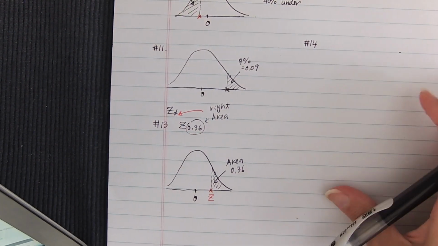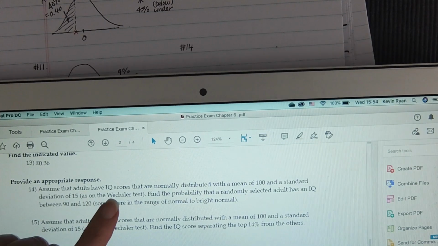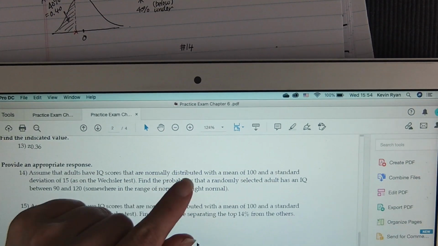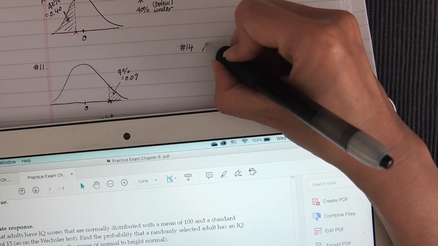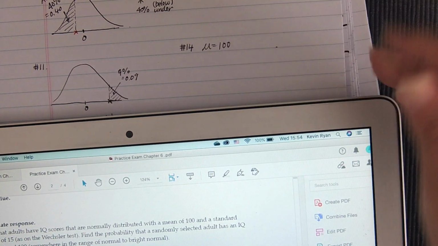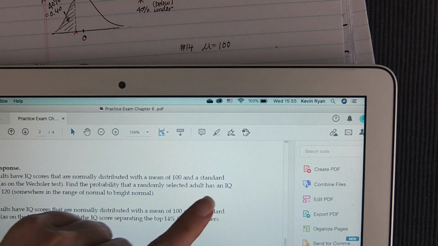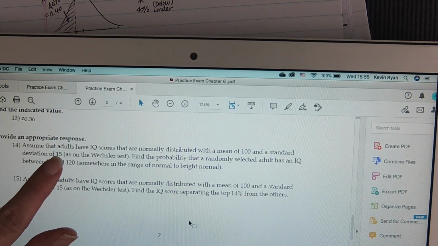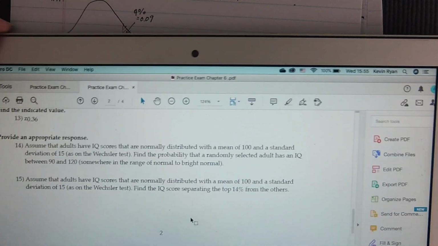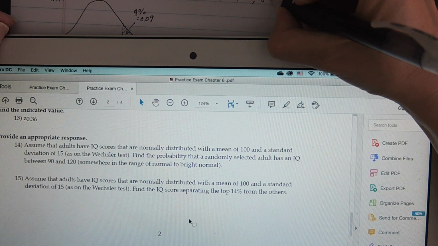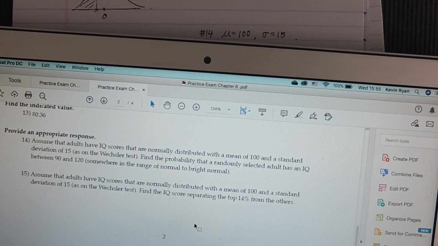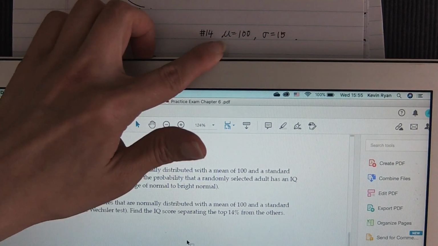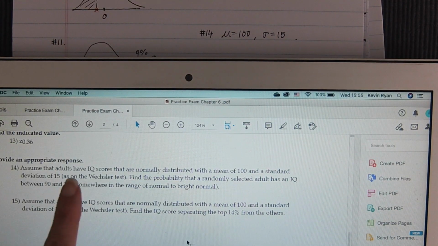I have an IQ score, and they're saying mean is 100 and standard deviation is 15. Can you see that? Then what's the question say?